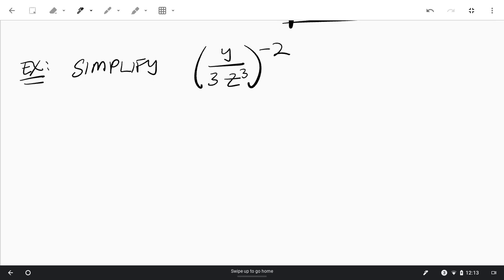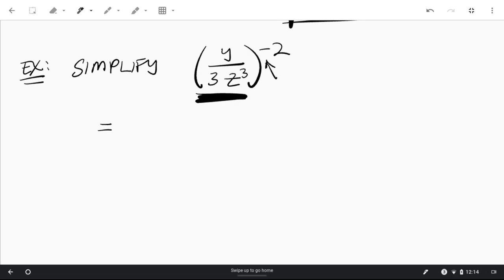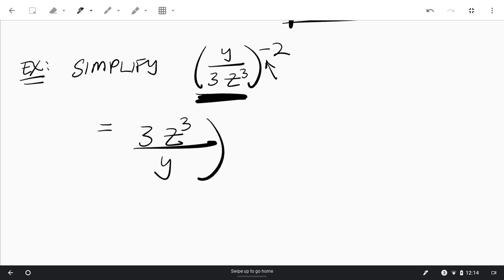You could either multiply all the exponents inside by negative 2, or you can use the rule that we just saw where, oh, well, they all have a negative exponent too, so they're all going to flip. So let me use that one. Because this is negative right here, that means everybody inside here is going to flip. So 3z cubed over y, and their exponent then becomes positive.